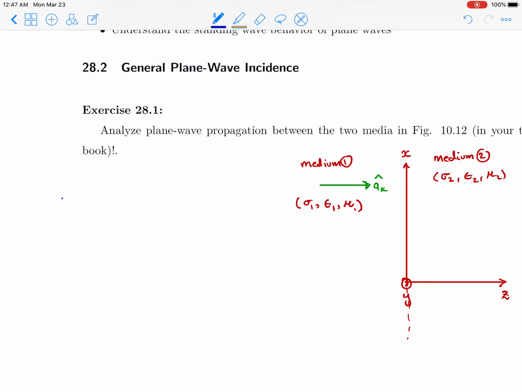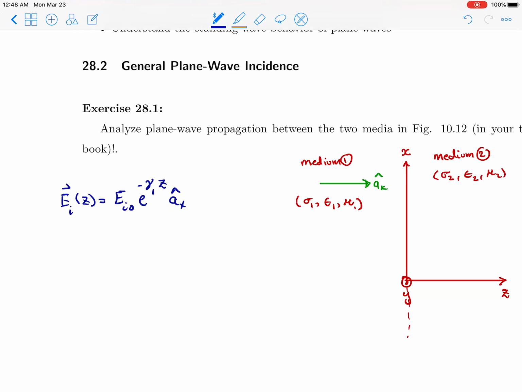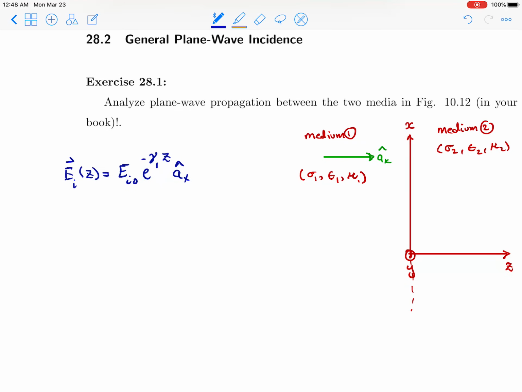Let's assume the electric field can be written in the following form. The electric field has an x component, and this is the incident field, a function of z. This is the magnitude, and the medium is a general medium, so let me call this gamma 1 z.